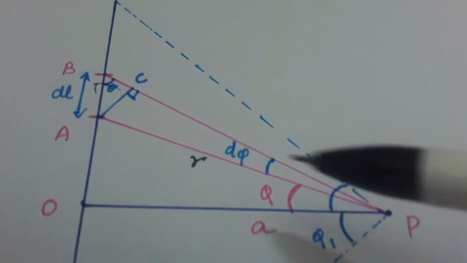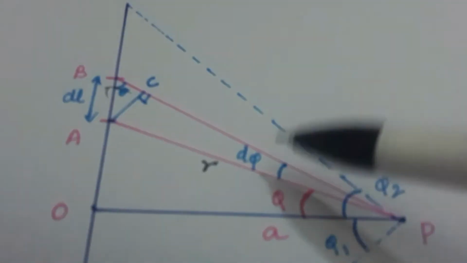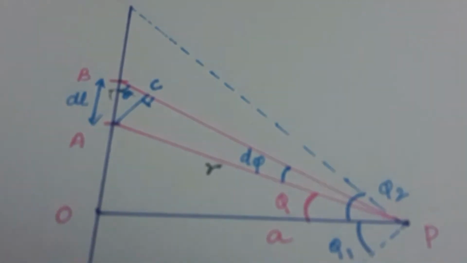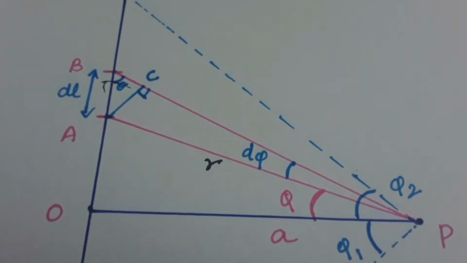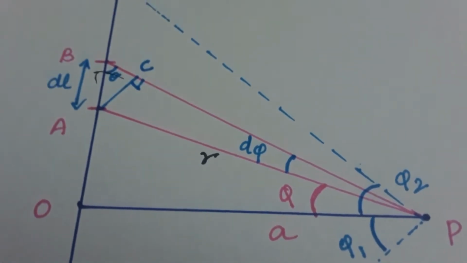Now let d phi be the angle between AP and BP. The angle between the lines AP and BP is d phi.